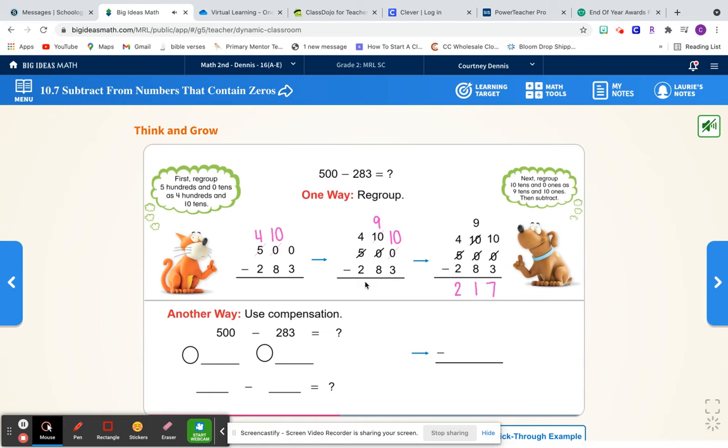Another way, use compensation. 500 minus 283 equals what number? It is easier to subtract from 1 less than 500.